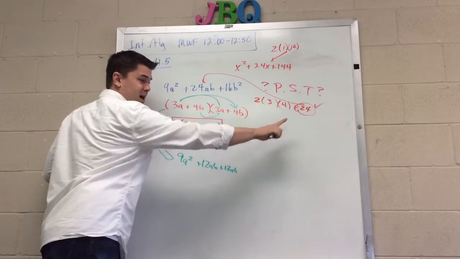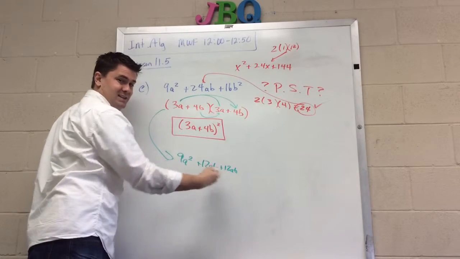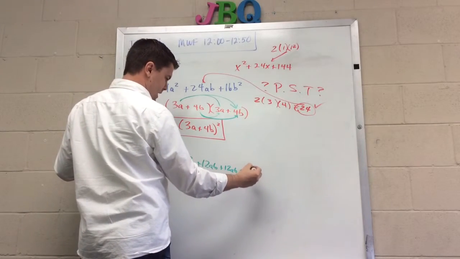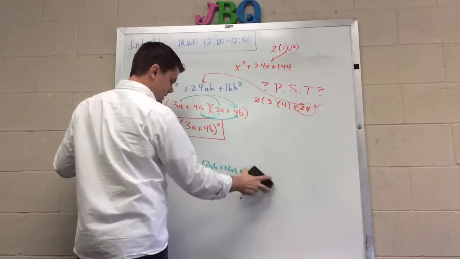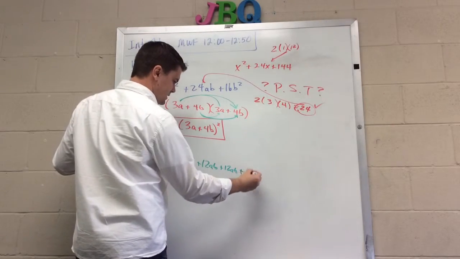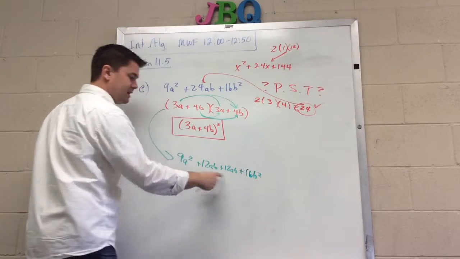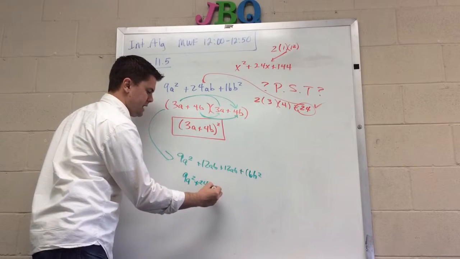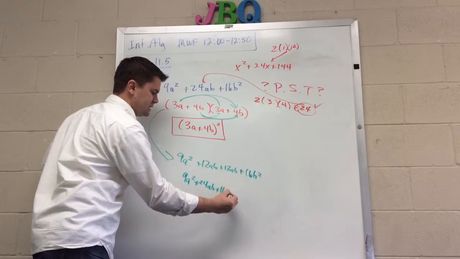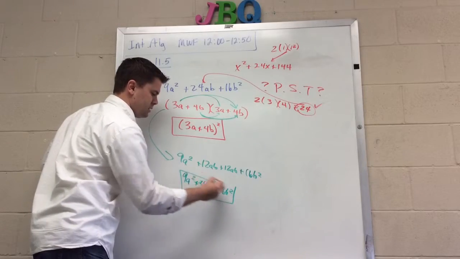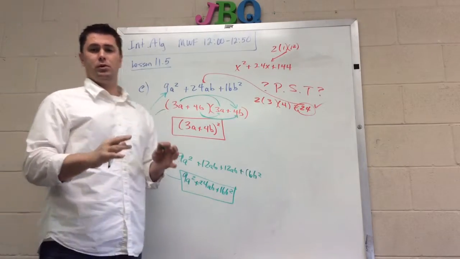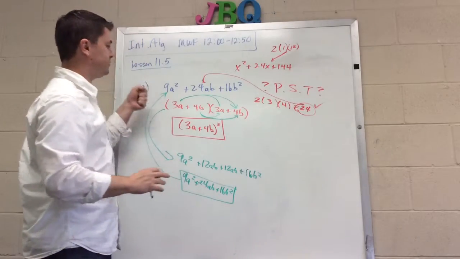That's why it's 2 times, because you're adding the same thing twice. 4b times 4b is, I told you I'd mess up, 16b squared. Combine your like terms, you've got 9a squared plus 24ab plus 16b squared. Does that match the blue? It matches the blue. So that is the first half here.